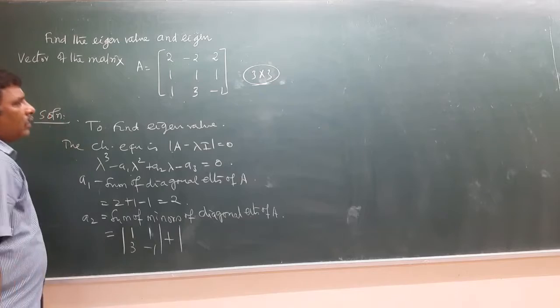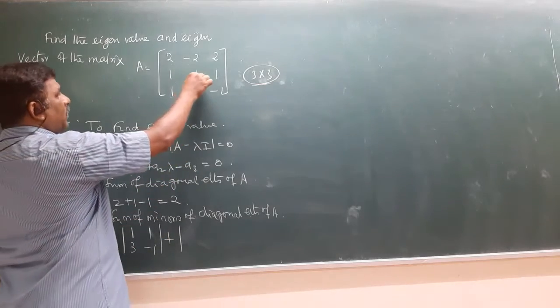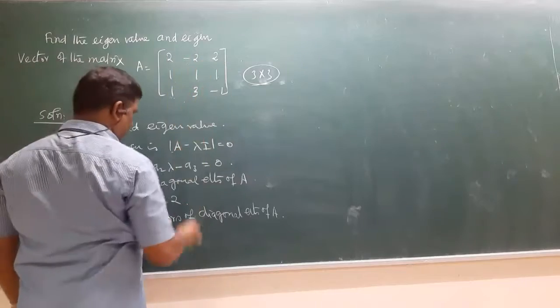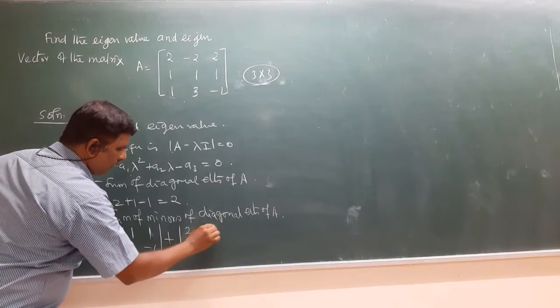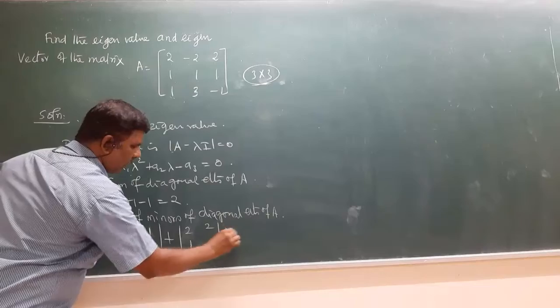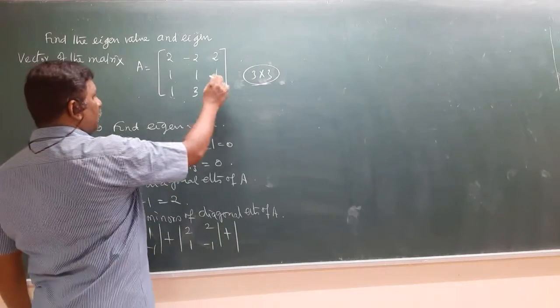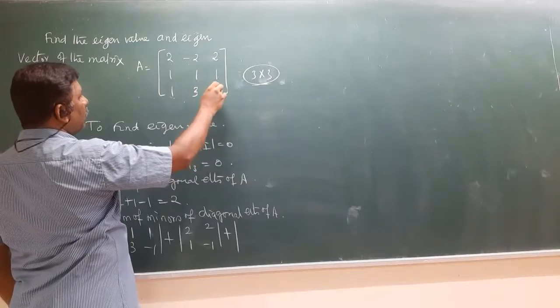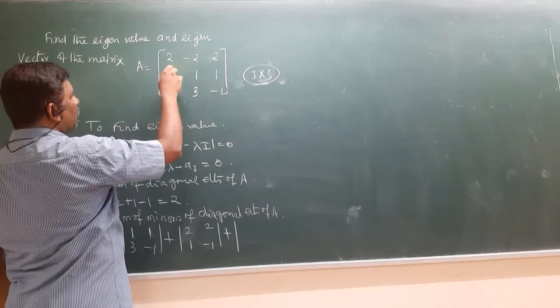Plus the second diagonal element is 1; leave the respective row and column, [2, 2; 1, -1]. Plus the third one, minus 1 is the diagonal element; leave the respective column and row, the remaining elements are [2, -2; 1, 1].